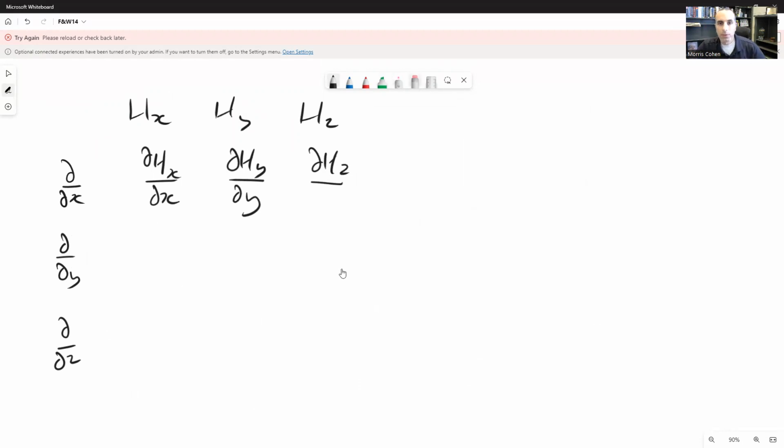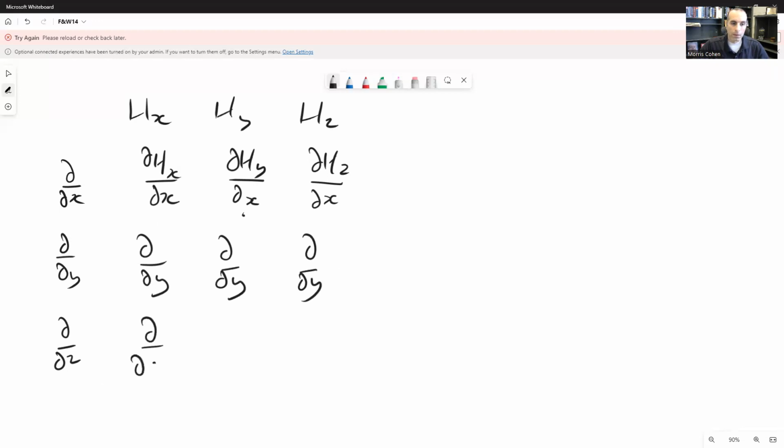And as you can certainly see, there's going to be 9 possible combinations. Whoops, I miswrote that one. That's an x right there. There's going to be 9 possible combinations, 9 possible partial derivatives that we're going to write out here. Let me just write d dy, d dy, d dy. All right, that should be a z.